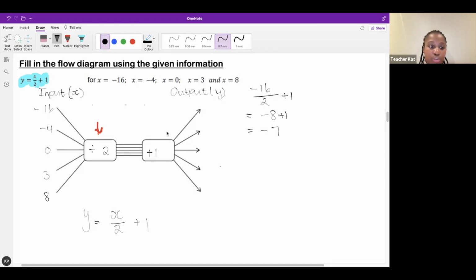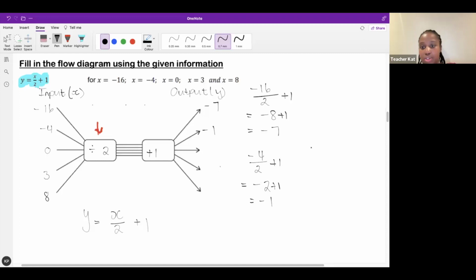So my output for negative 16 will be negative 7. Okay, that was the first one. The next one, negative 4 divided by 2 plus 1. What's negative 4 divided by 2? That is negative 2. And if I add 1, that is negative 1. Nice, guys.